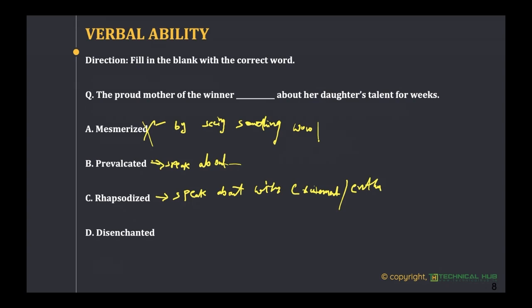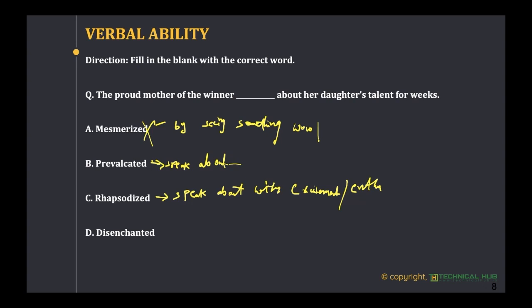I'll be rhapsodizing my speech. I speak out with more intonation over here. You got my point? So that is correct. So prevaricated is also correct. Rhapsodized is also correct. Now let's see the fourth one.